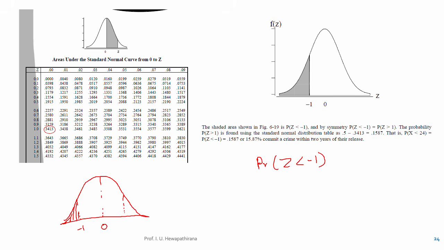So the area to the right of +1 is the same as the area to the left of -1. So these two areas are similar. So instead of finding this area, I can find this area and that will be the answer to our question. So this would be equal to probability Z greater than 1.